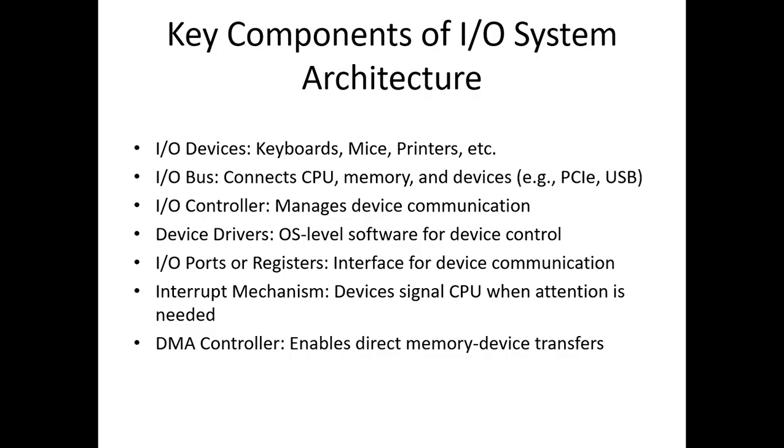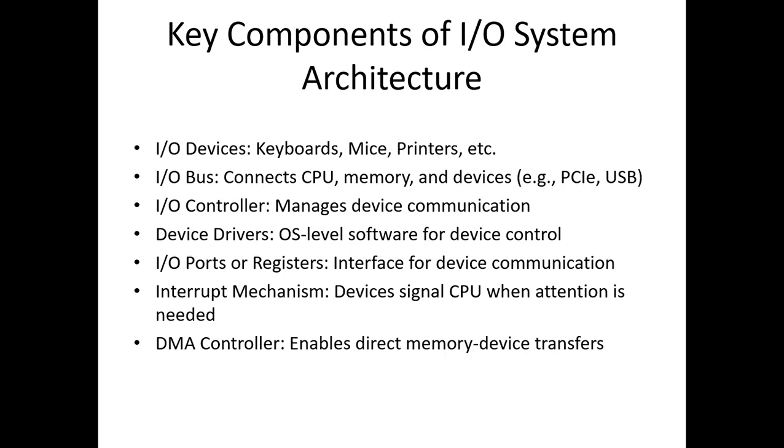Next we have the input output controller, which acts as a translator between devices and the CPU. Then we have the device drivers, which are software that allows the operating system to talk to the hardware. Also, we have the input output ports or registers, which are interfaces for communication, like sending commands or checking the device status.